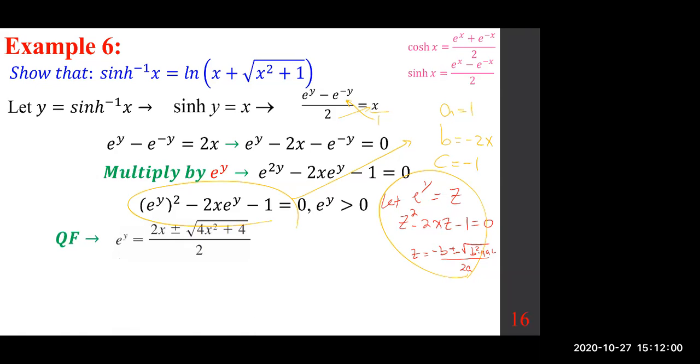So what do we get? Minus b, that means 2x, plus or minus the square root of b squared: minus 2x, when you square it, you get positive 4x squared, minus 4 times a, which is 1, times c, which is negative 1, you get this one.